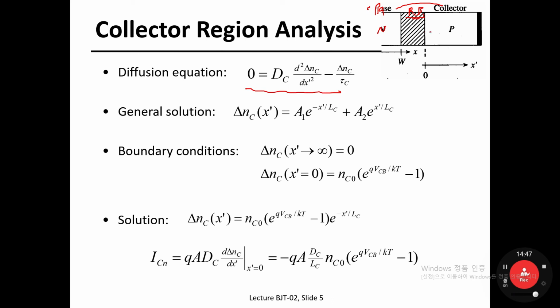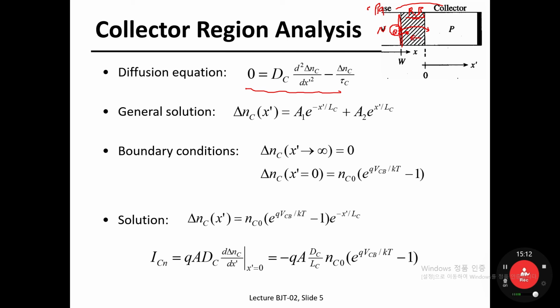So herein, the electrons would be injected into the, not injected actually, many randomly generated electrons near the edge of the depletion region would be likely to simply move into the depletion region.